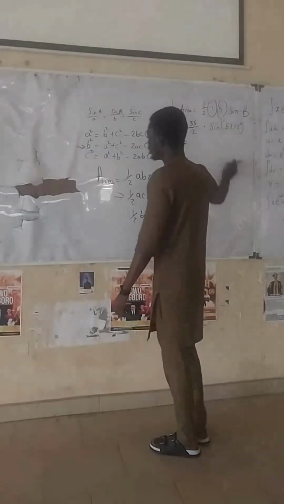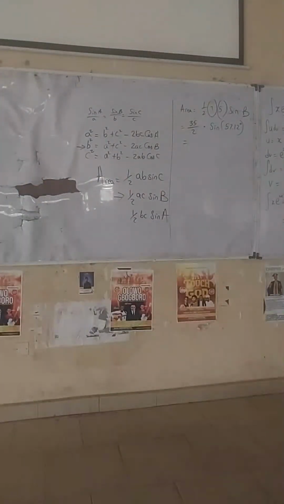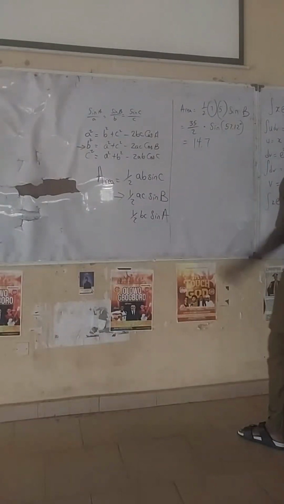So your answer is it 14, 13, or 12? Is it 12? What do you get? Just sine 57.12 multiplied by 35 and divided by 2. 40.7. So the one decimal place. What's the units?